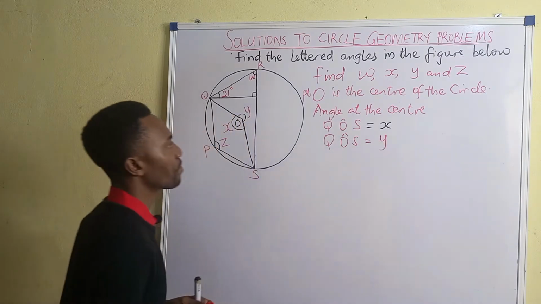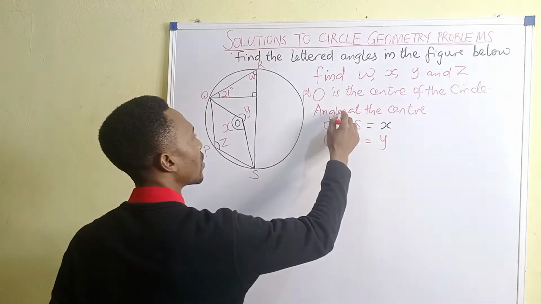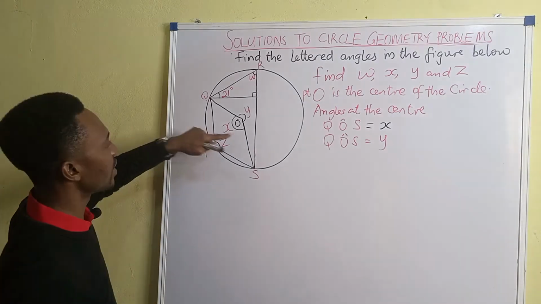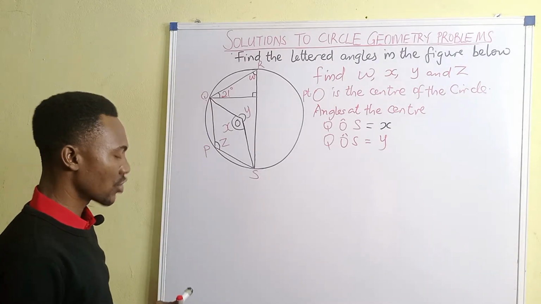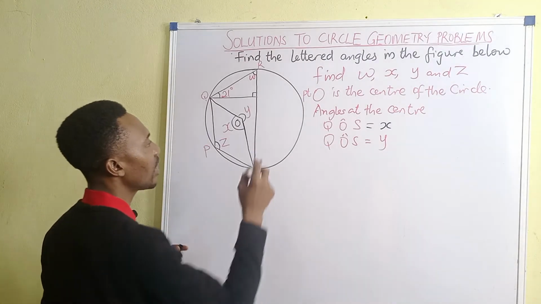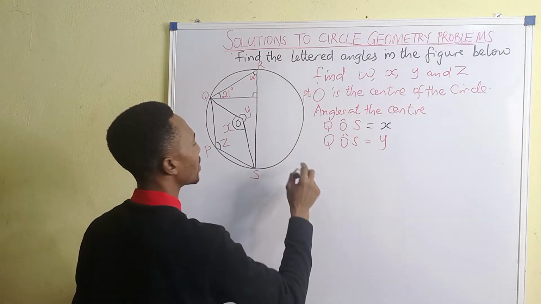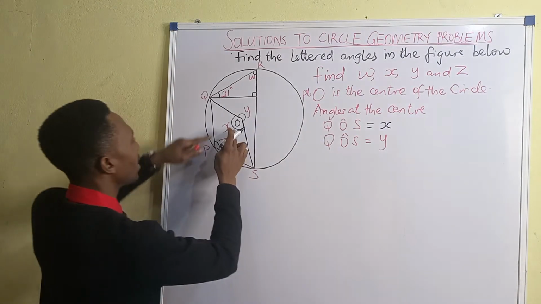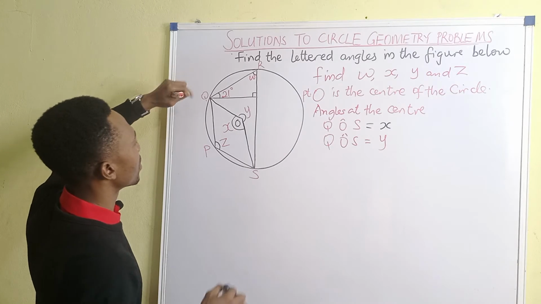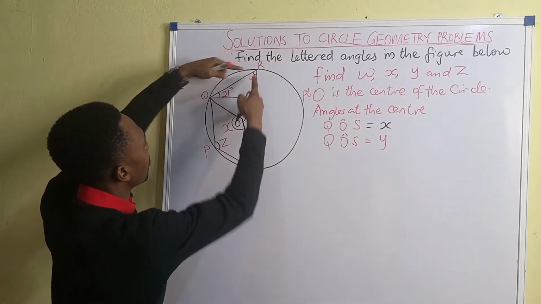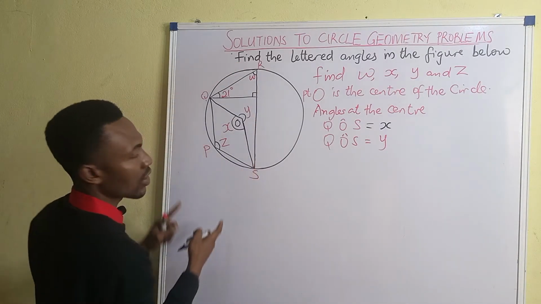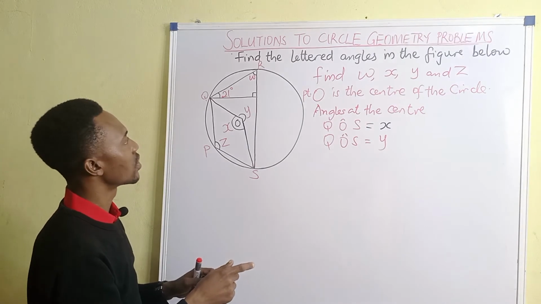All right. Angles at the center. So we have X at the center, Y at the center. Now, straight away, we have that angle at the center. Don't forget that angle at the center is twice angle on the circumference. You see, QS is on the circumference, QS is also on the circumference of Z and W respectively.